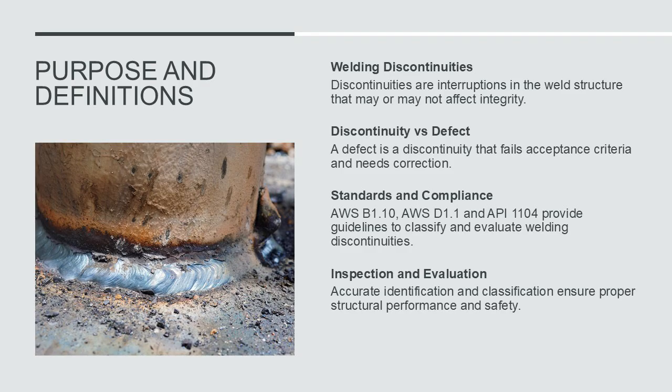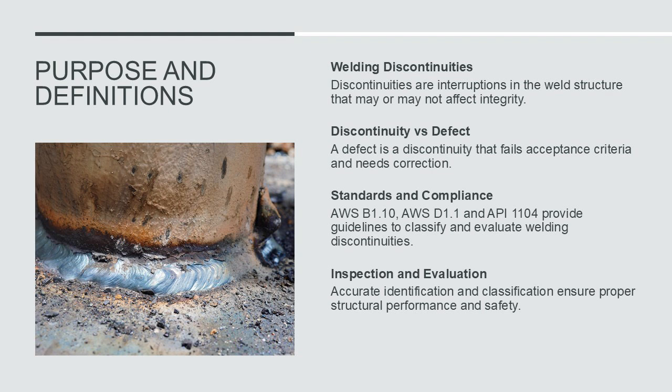Welding discontinuities are interruptions in the typical structure of a weld that may or may not compromise its integrity. The purpose of this presentation is to help inspection engineers identify and classify common welding discontinuities according to AWS B1.10 standards. It is essential to distinguish between a discontinuity and a defect. A discontinuity is any irregularity in the weld, while a defect is a discontinuity that exceeds acceptance criteria and requires corrective action.